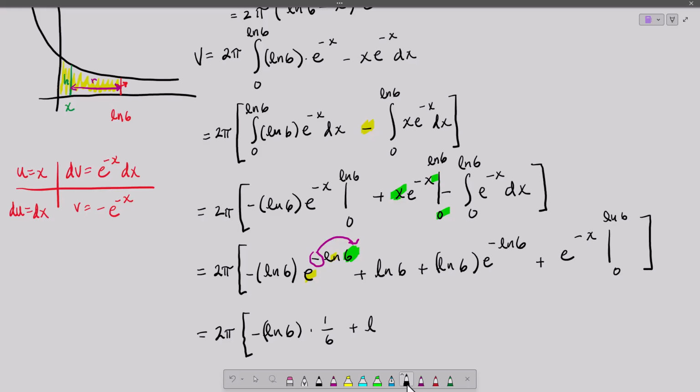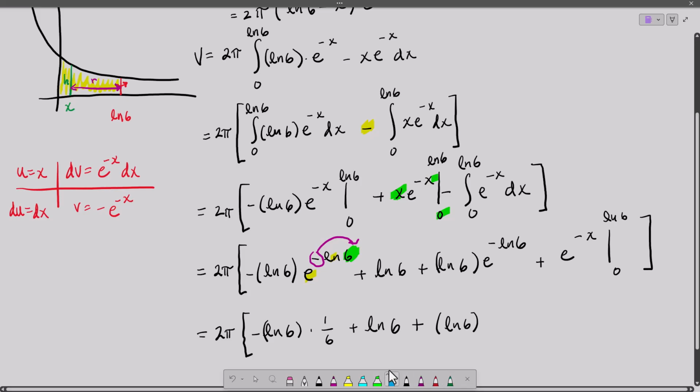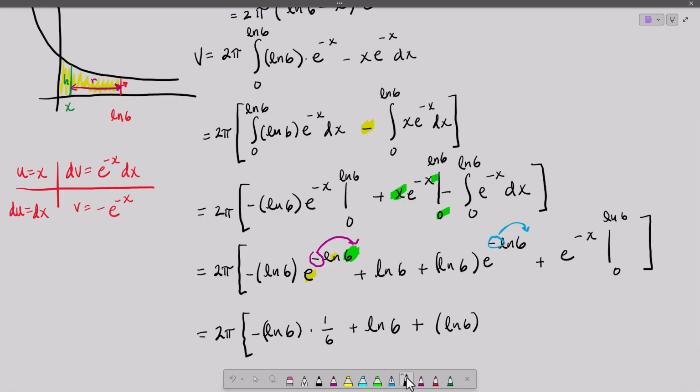So plus natural log of 6 plus, similarly here, we have natural log of 6. And then this negative right here, once again, is going to fly up into the exponent position, giving us 1/6. The e and the ln will cancel, so we get that.